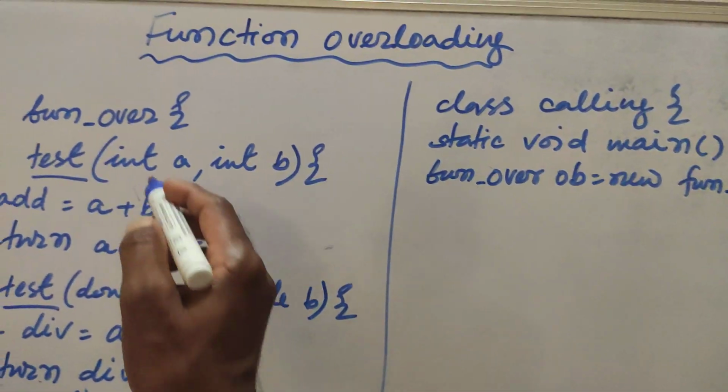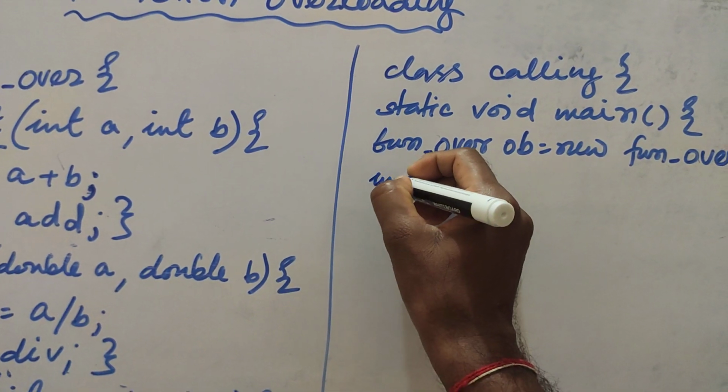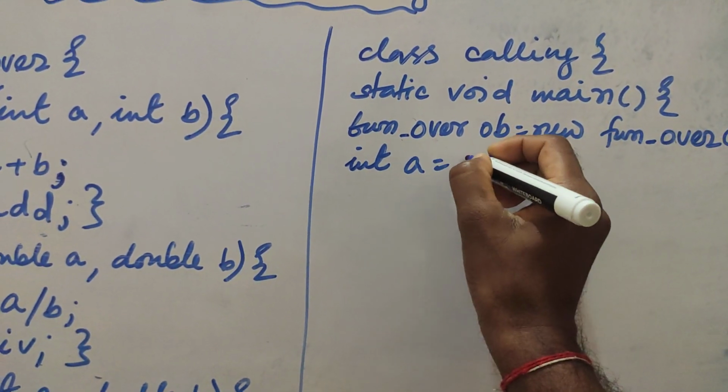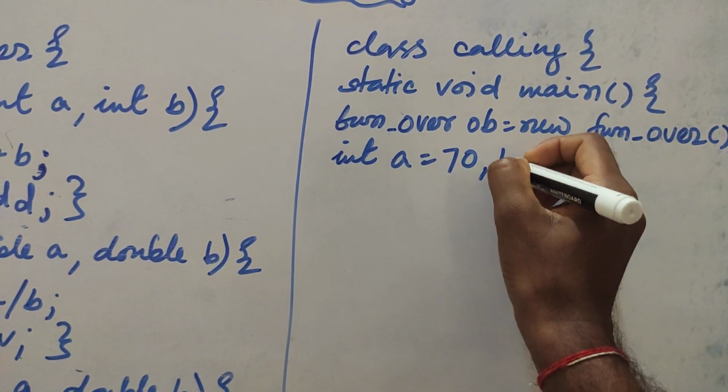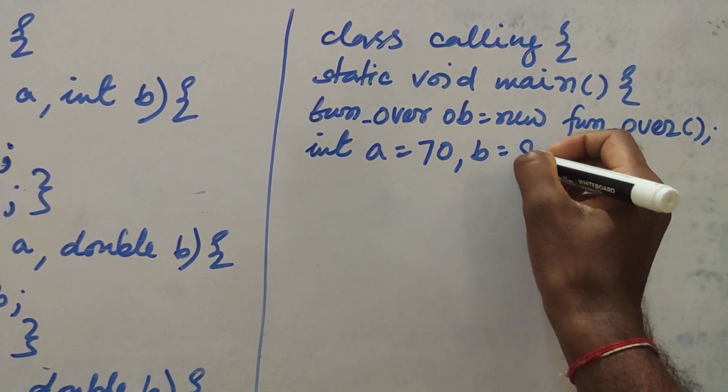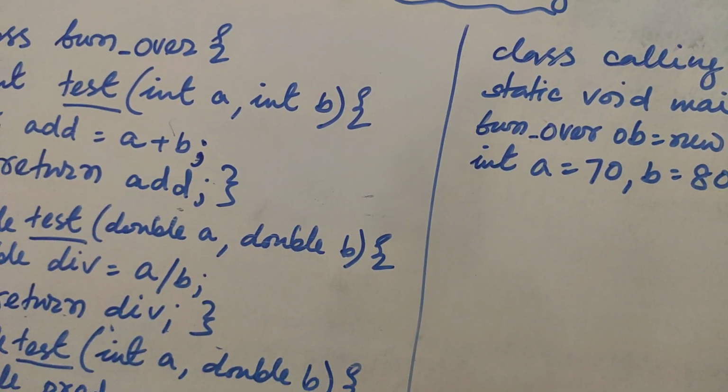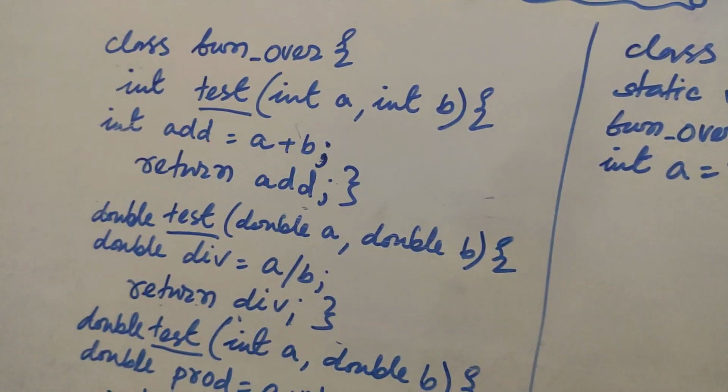Now, in the same way, if I take int a equal to 70, b equal to 80, then one variable, a third variable.